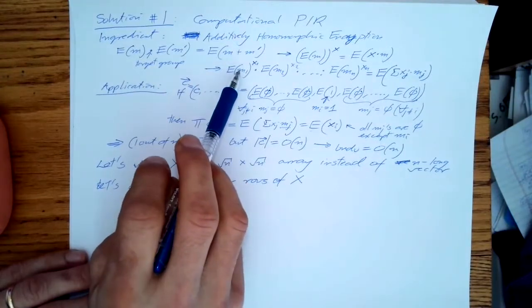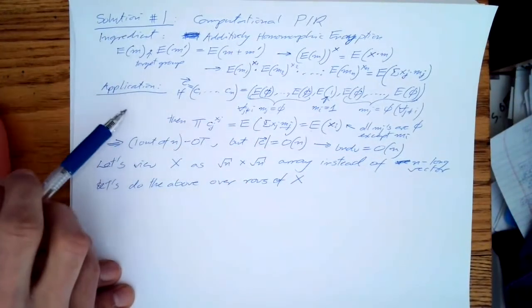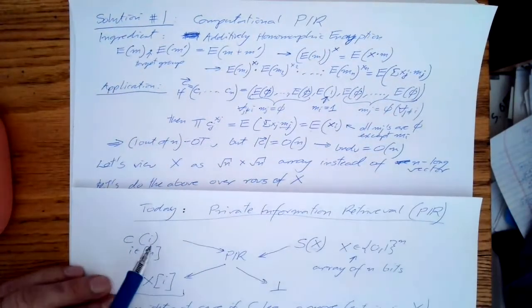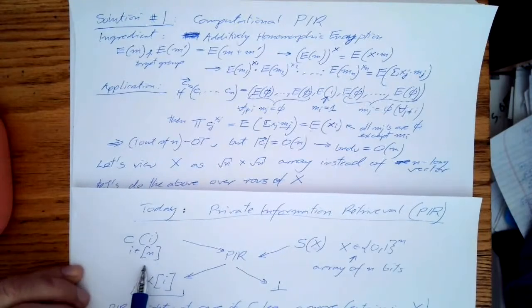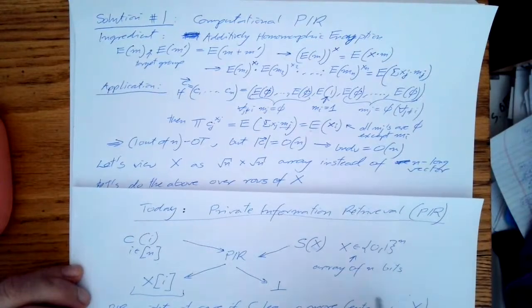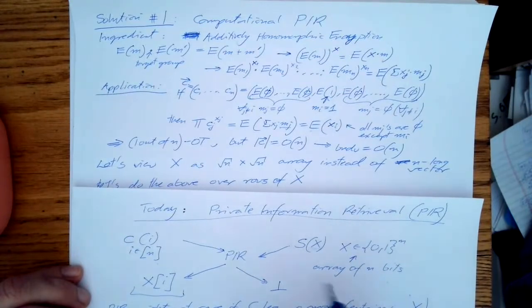So the client knows the index that he wants to retrieve, the index in the array. But once the array becomes a square root by square root matrix, he can translate this index into a column and row in the matrix where that position lies.